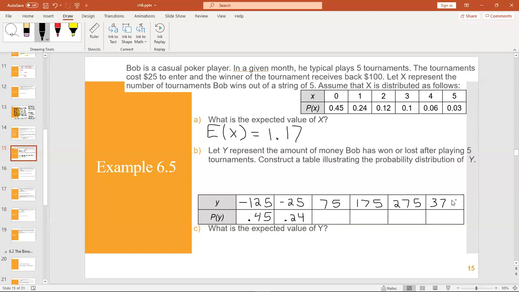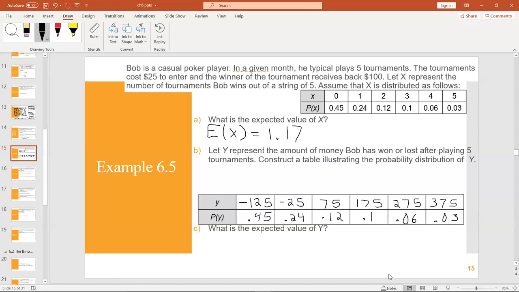So if he wins all the tournaments, he will have won $500. But since he paid $125 just for the privilege of playing, he's only having a net gain of $375 if he does really, really well. So here we've got 0.12. Here we've got 0.1. Here we've got 0.06. And here we've got 0.03.